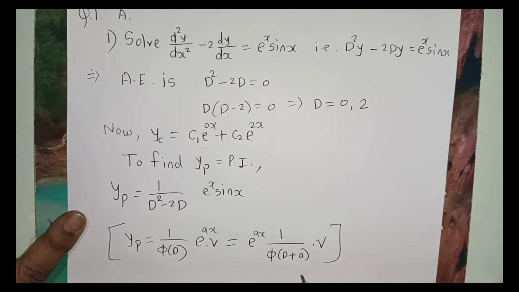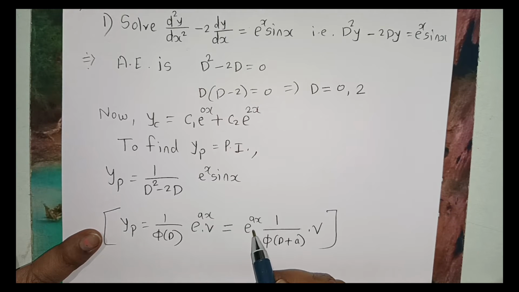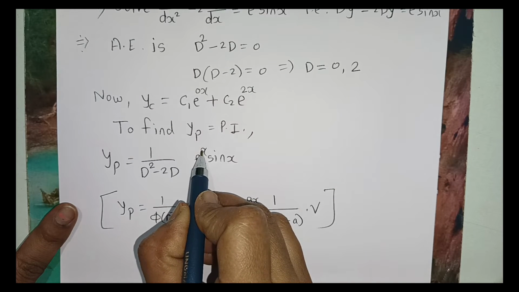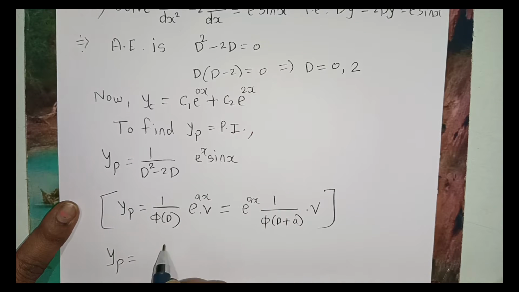What this shortcut says is that you take the exponential outside the inverse differential operator, and at the same time replace D by D plus the coefficient of x in the exponential. Here the coefficient of x in the exponential is 1, so yp is e^x into 1 upon (D+1)² minus 2(D+1), operating on sin x.